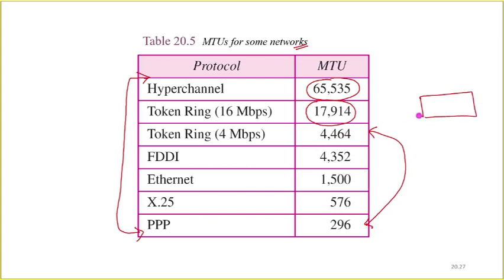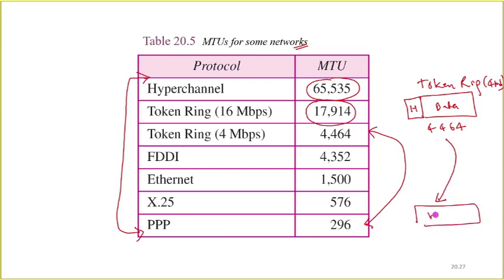Along with header and data in token ring 4 Mbps, the total size will be 4464, but we want to communicate with the PPP protocol, where header plus data can have a size of only 296.